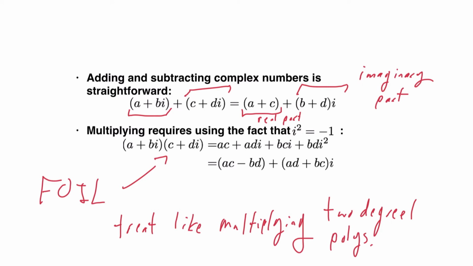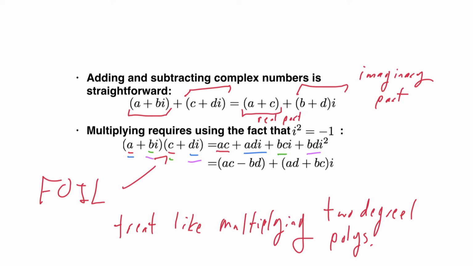I get a times c here, a times di here, bi times c here, and bi times di here. And everything looks good.